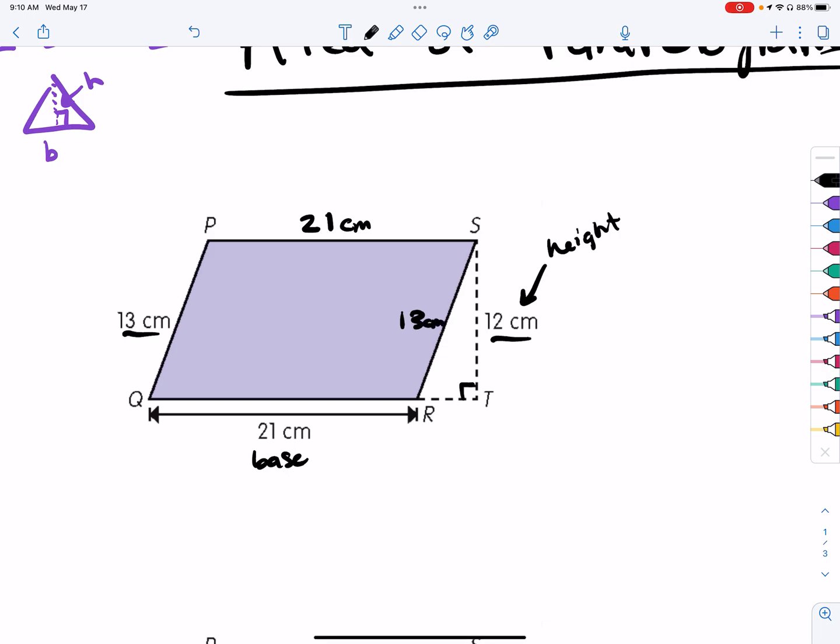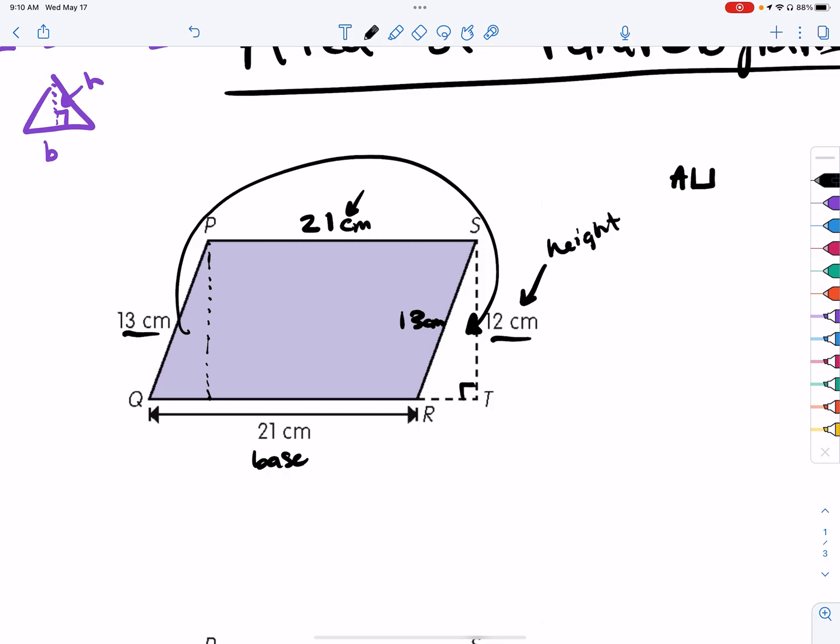But if we're going to find the area of this, I notice that if we take this section here and we flip it over, it will fit into that area there. And so now we have a rectangle that has a side length here of 21. So we can find the area of a rectangle using length times width.